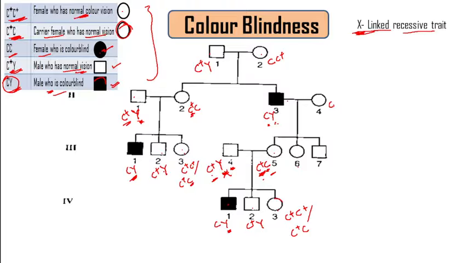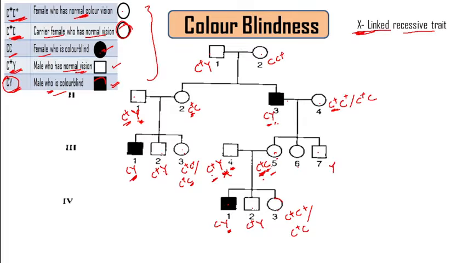This individual is a normal female, so one allele here is C plus. C plus C is the genotype of this individual. This individual would have inherited C plus from here and C from here. The other possibility for this individual is either C plus or C plus C.